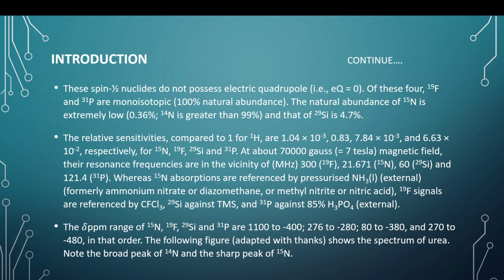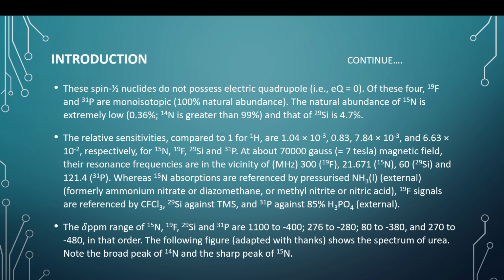The delta ppm ranges of 15N, 19F, 29Si and 31P are 1100 to minus 400, 276 to minus 280, 80 to minus 380, and 270 to minus 480 in that order.